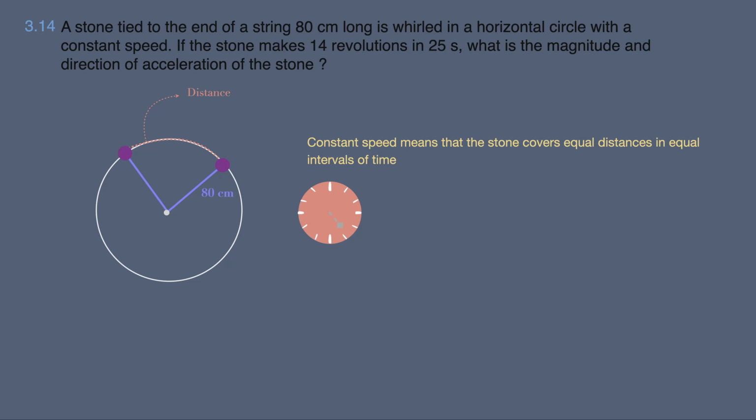The shortest straight line distance between the initial and final positions represents the displacement of the stone. And there is one more quantity we can observe. Look at the angle swept by the stone during this motion. This angle is called the angular displacement, and we represent it by theta. So now we understand distance, displacement, and angular displacement in this circular motion.